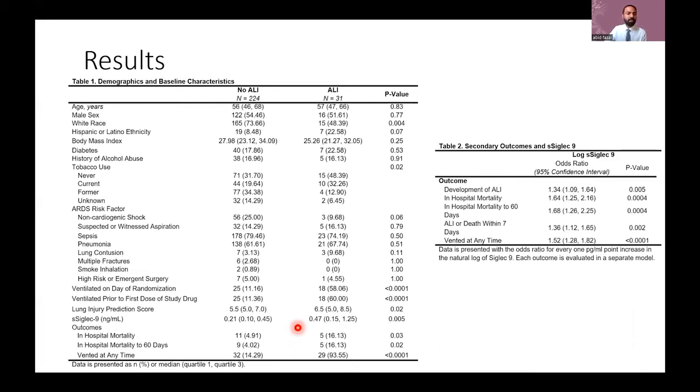So apart from being associated with just the development of acute lung injury, now looking at the odds ratio of developing the secondary outcomes, we saw a relationship between Siglec-9 levels and all of the LIPS-A study secondary outcomes, including in-hospital mortality, acute lung injury or death within 7 days, as well as very strongly with ventilator requirement at any point. Now, these are odds ratios for every 1 picogram per ml increase in the natural log of soluble Siglec-9.